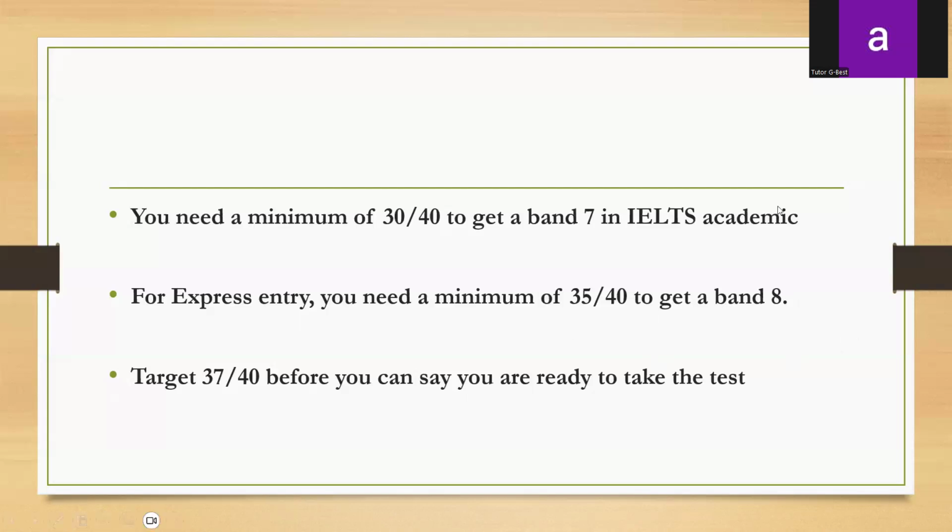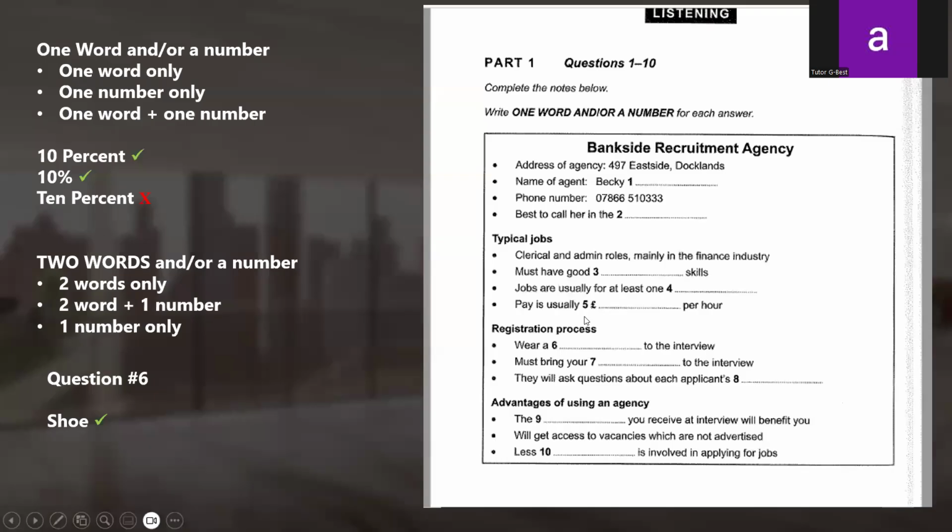Just because this person has 37 over 40 and another person has 35 over 40, just a 2 mark difference, the person with 37 gets 3 extra points on the Express Entry calculator. So they are more likely to be invited and get an ITA compared to somebody with just 35 over 40. Just 2 marks. That is why these tips I gave are very important.